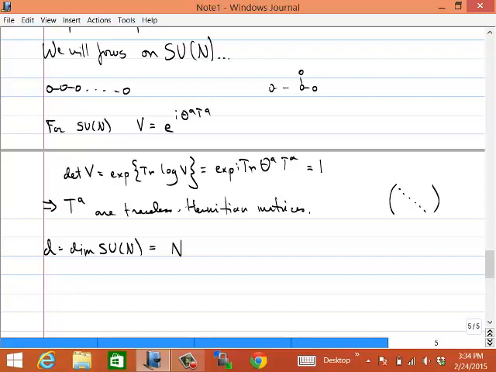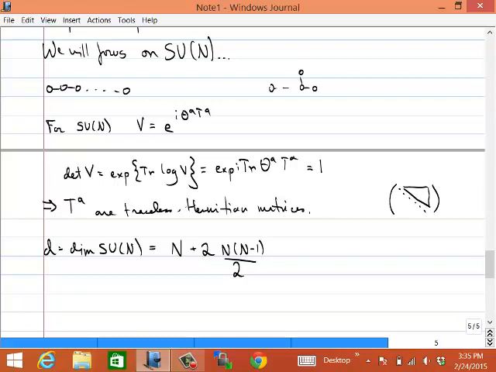And then all of the off-diagonal elements are complex. And because T is equal to its adjoint, you only have to specify the upper triangular part of the matrix in order to specify all of those complex entries. So a complex number has 2 degrees of freedom, and there are N times (N minus 1) over 2 elements in that upper triangular part of the matrix.